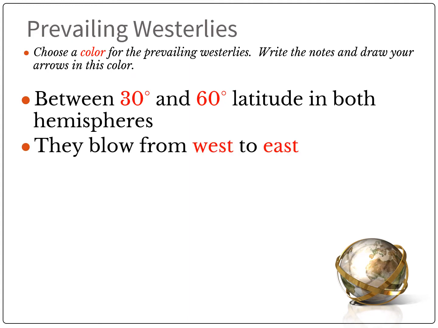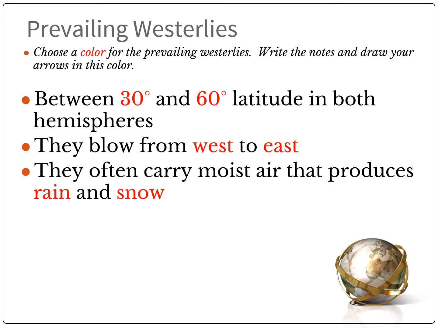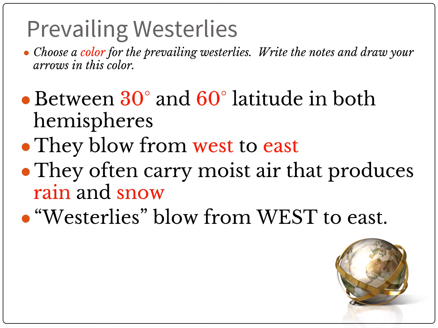They blow from west to east because remember, they're always named from where they come from. They often carry some moist air, so you can get some rain and some snow with these winds sometimes. They blow from west to east. We just spoke about that. And prevailing means they're strong. This is some of the strongest winds we have.